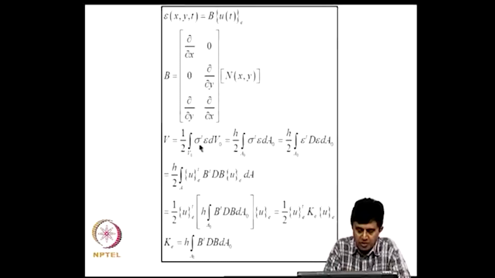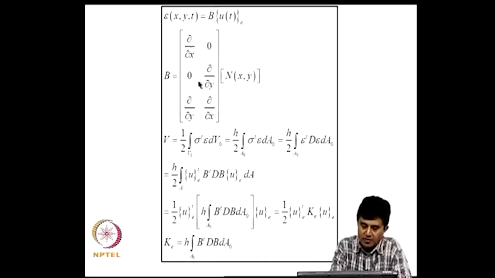Now, I have sigma transpose epsilon dV naught, with sigma transpose epsilon as the integrand. So, I will write this over volume, this over the area, it becomes this, and sigma transpose I will write as epsilon transpose into D. D is a symmetric matrix, so D transpose is D, and I get epsilon here, and this epsilon now I will write in terms of the shape function and this B matrix, leading to u e transpose B transpose D B u e dA.